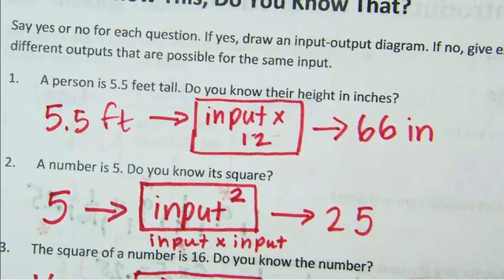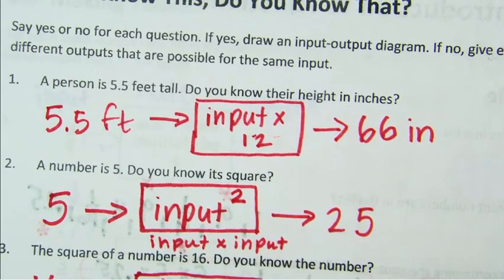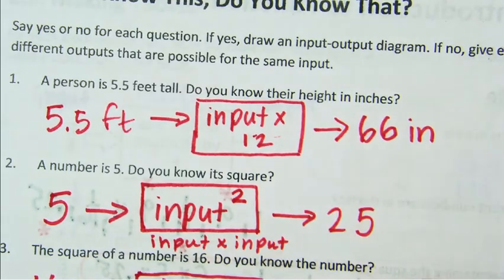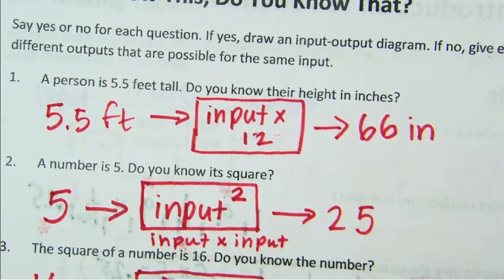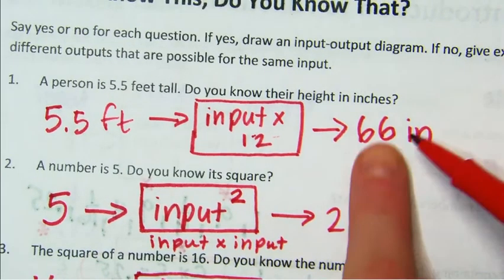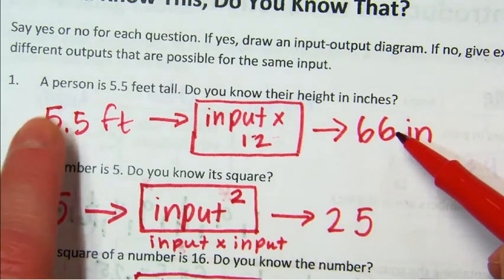You'd have to say, well, what math did you do? What was the rule, right? So if my output is 66, you would have to either know the rule or you would have to know the input, right? If you don't know the rule, you can't figure it out. If you don't know the input, you can't figure it out. That's what we've been doing, right? So the answer, my 66 inches, depends on what my input is.